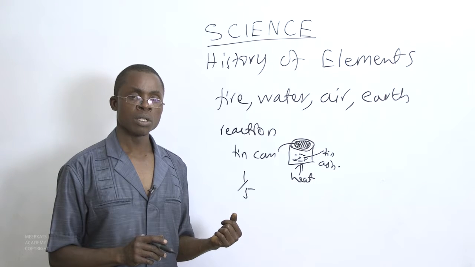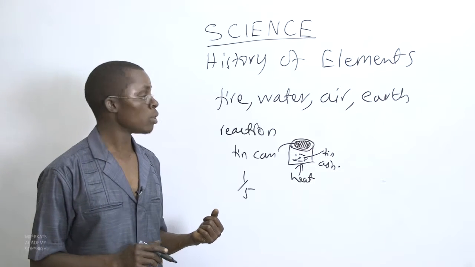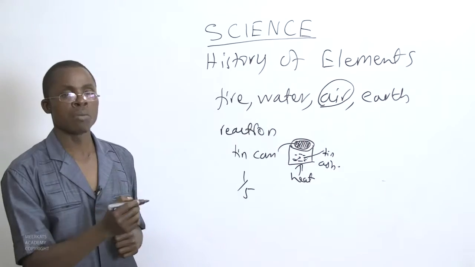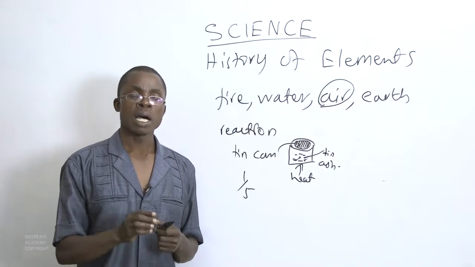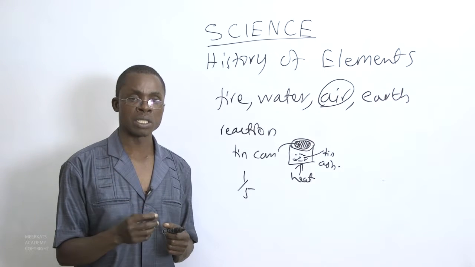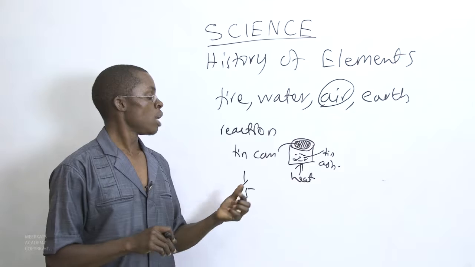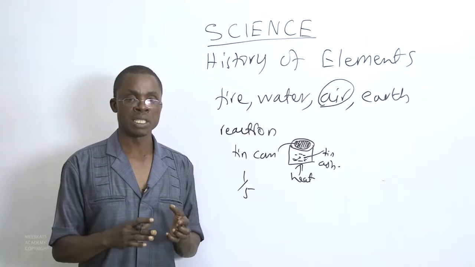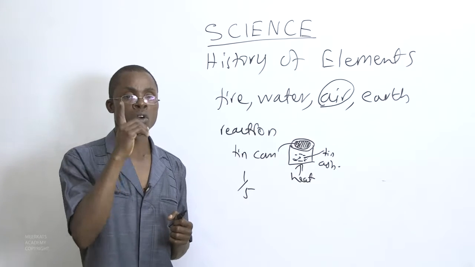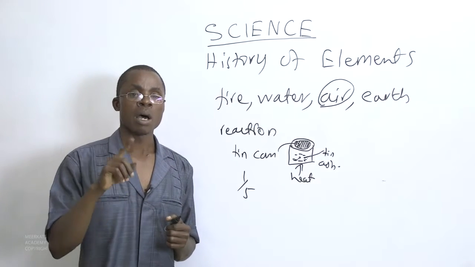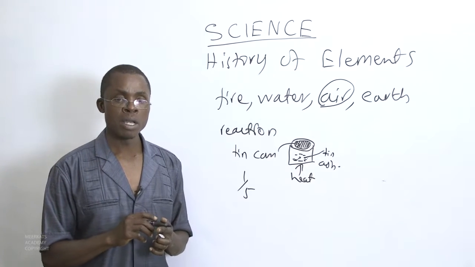What was his conclusion? His conclusion was that air, as was seen as a component of matter, was no longer a single component, but a mixture of components. So he concluded that air is not, as people imagined, made up of just one component. It is made up of a mixture. And why?